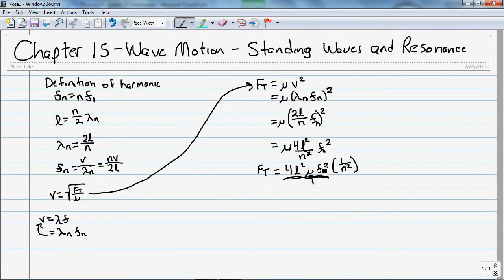Now we can also solve for frequency. And if we solve for frequency, we're going to move this part under force of tension. And then take the square root of both sides.